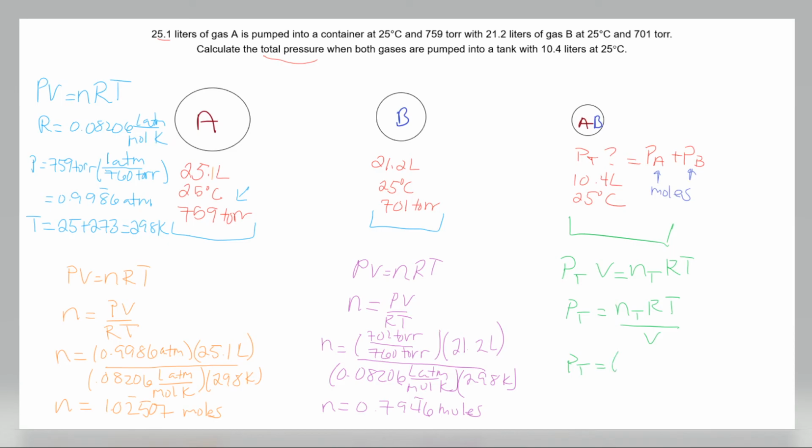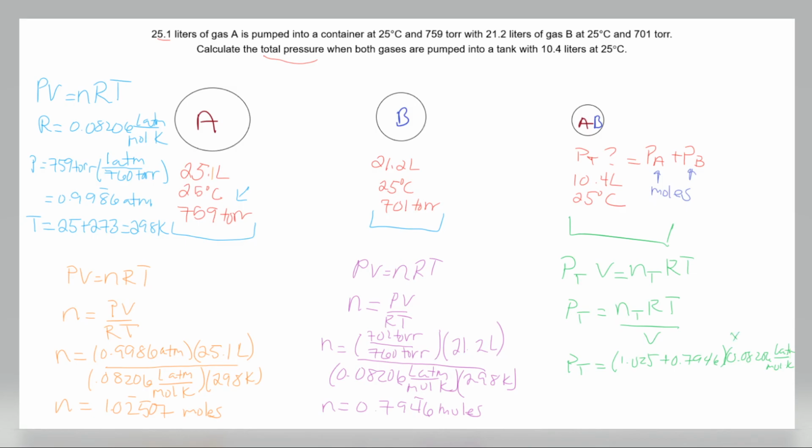We can add the moles that we actually calculated. So we have 1.025, I'm just going to stop there for now, plus 0.7946, times your gas constant, 0.08206 liters atmosphere per mole Kelvin.